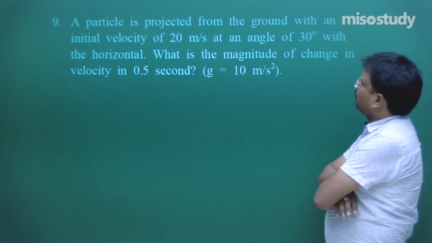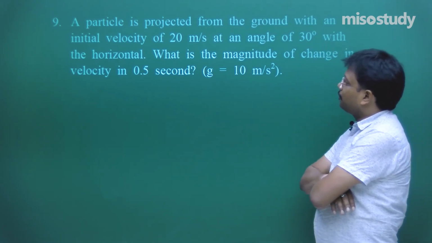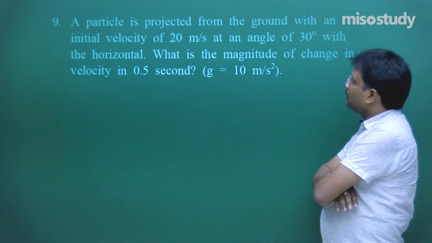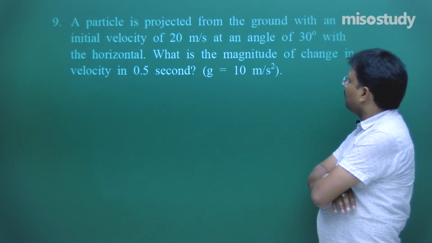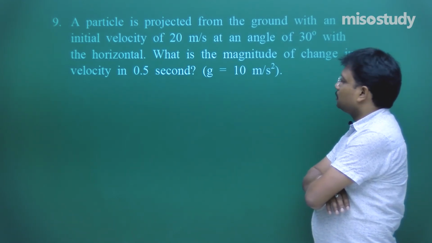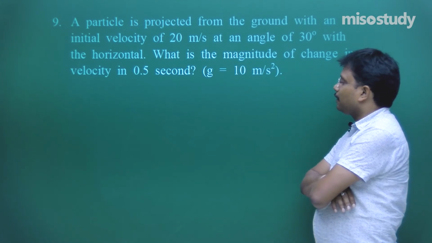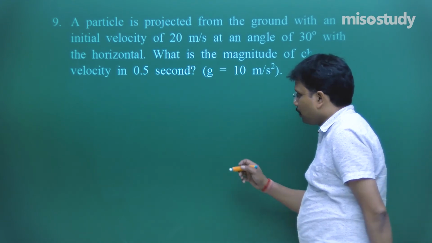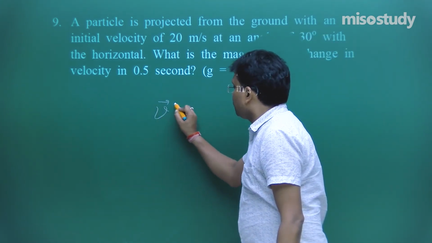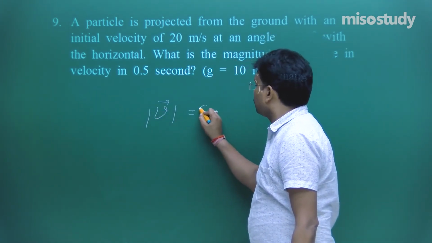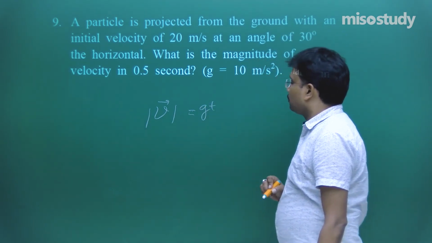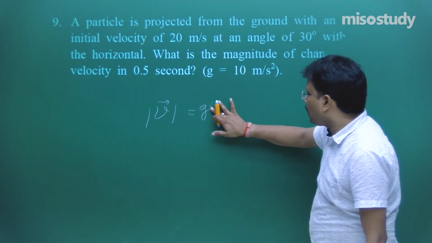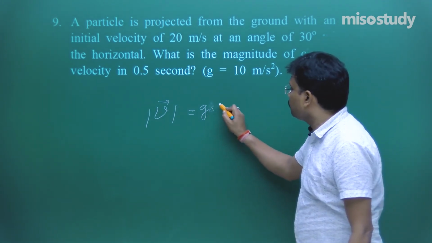A particle is projected from the ground with an initial velocity of 20 meter per second at an angle of 30 degree with the horizontal. What is the magnitude of the change in velocity in 0.05 seconds? Fine. So, which formula you are supposed to apply? You are supposed to apply the formula, vector mod of gt, or I think I should better use this t.